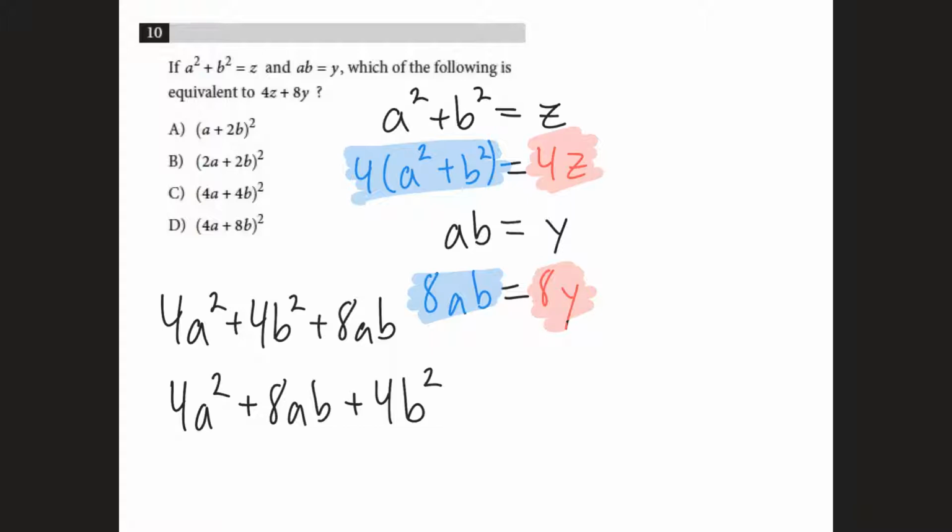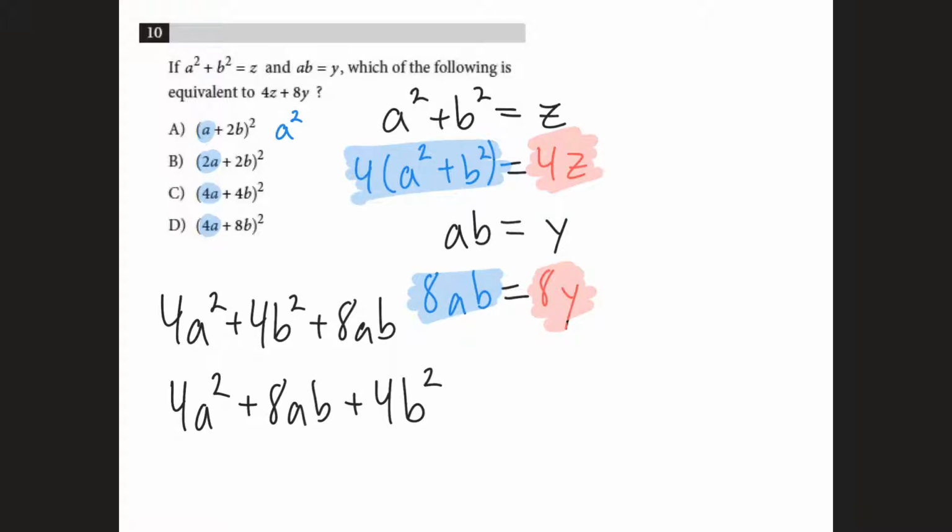Okay, so I'm just going to think about what my first term is going to be for each of these solutions. Well, my first term is going to be the first term here times itself, right? Because these are all perfect squares. They're going to be multiplying the binomial times itself. So my first term on A is going to be a squared.